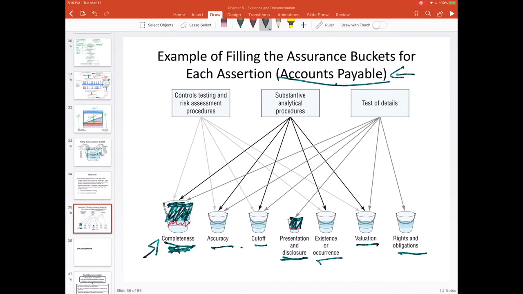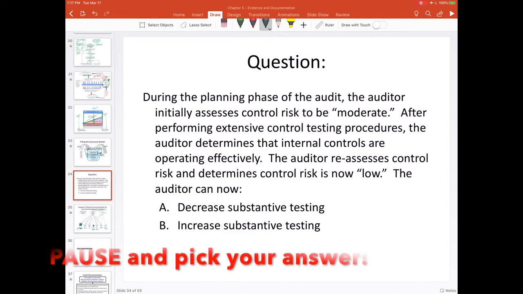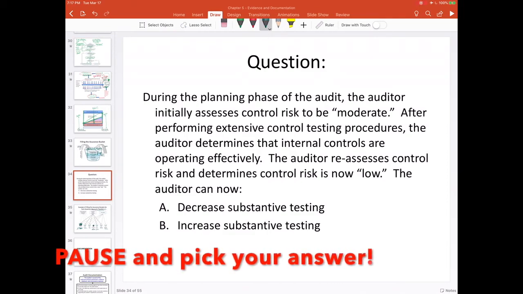So coming here, if we now read this question: during the planning phase of the audit, the auditor initially assesses control risk to be moderate. After performing extensive control testing procedures, the auditor determines that internal controls are operating effectively. Auditor reassesses control risk and determines control risk is now low. Auditor can now, so take a pause and read this.